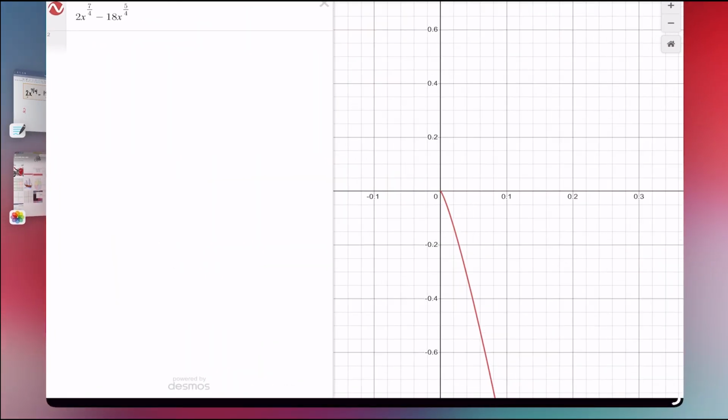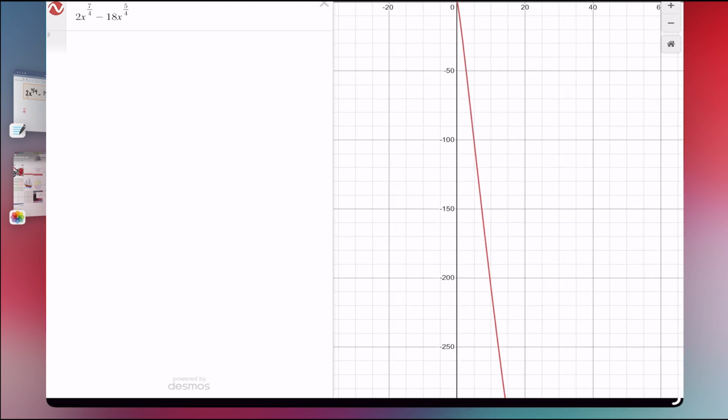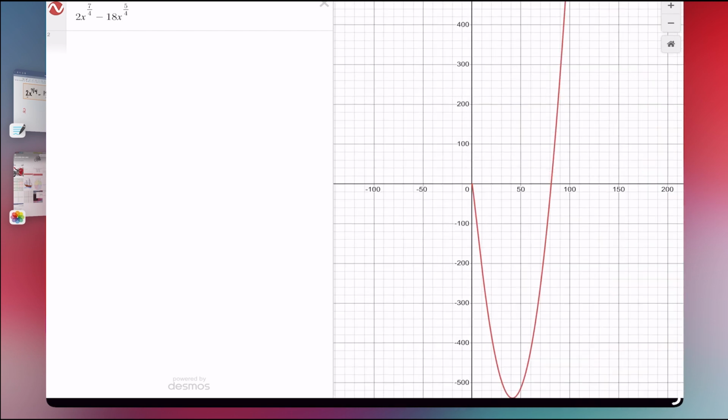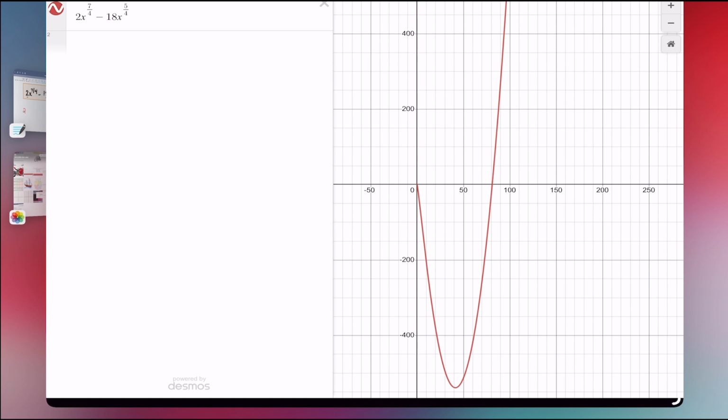I'm looking closely here to see if there is any x-intercept. Oh, there you go. Be very careful, because I have to scroll all the way to 81. So I do have two solutions, which are 0 and 81.